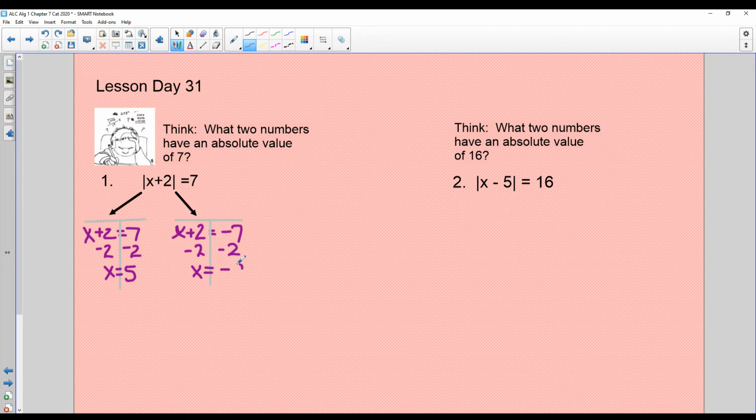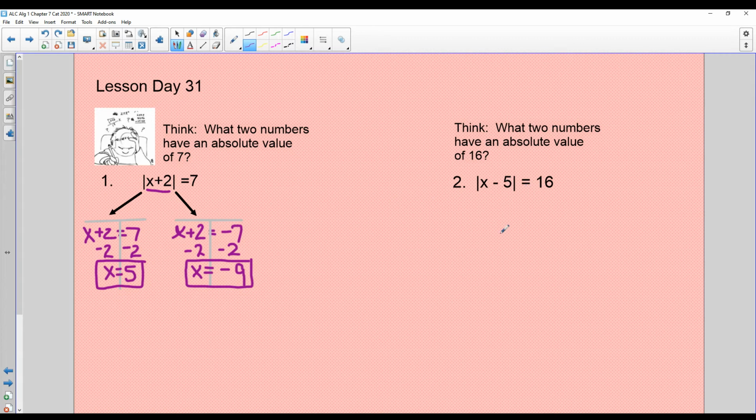The answer is -9. So imagine it's 7 degrees below 0, and it gets 2 degrees colder. Now you're at -9. The big thing to notice is that it's not 5 and -5. It is really 5 and -9. So anytime you see this means there's an added degree of difficulty. Okay, so that's the first one.